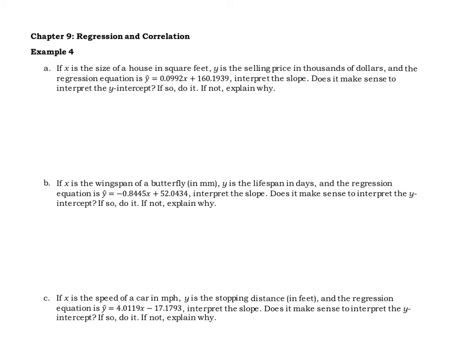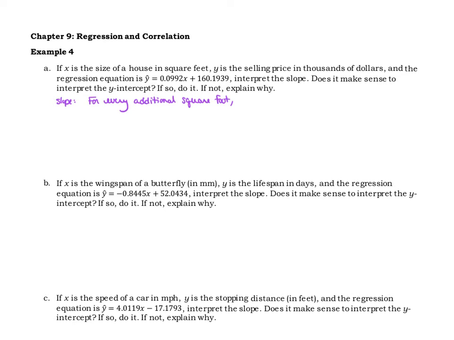All right. So X is the size of a house in square feet, and Y is the selling price in thousands of dollars. And we've got the regression equation. Interpret the slope. Remember, slope is about for every 1 unit increase in X. So for every additional square foot, what happens?